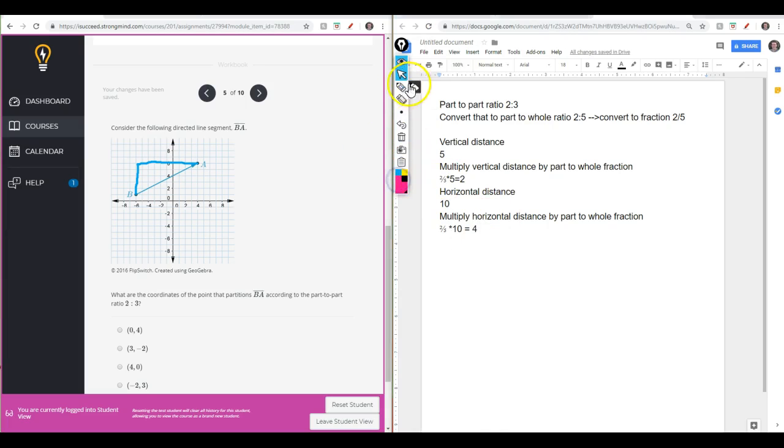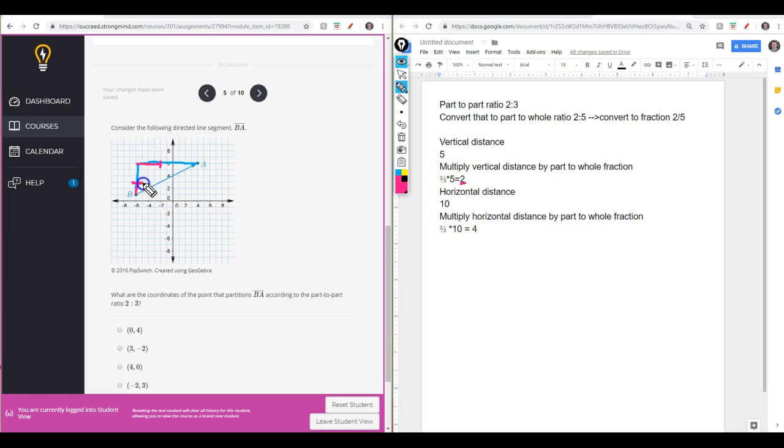So I know that this point that is 2/5 of the way along this segment is going to be up 2 units, and it's going to be over 4 units. 1, 2, 3, 4.